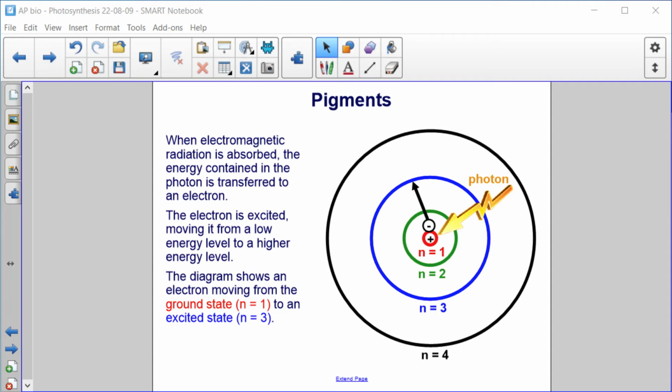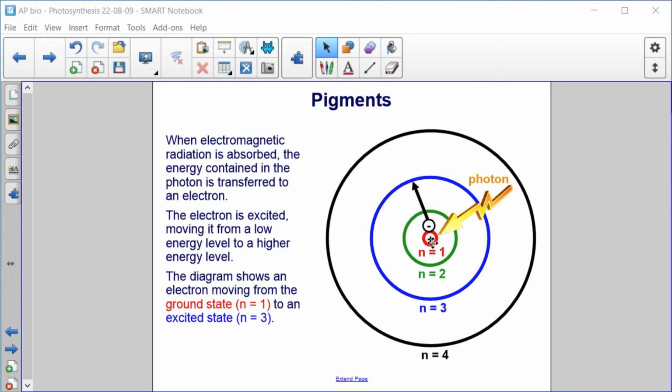When electromagnetic radiation is absorbed, the energy contained in the photon is transferred to an electron. The electron is excited, moving from a lower energy level to a higher energy level. So look what happens here. This photon of light, this electromagnetic radiation, is being absorbed.